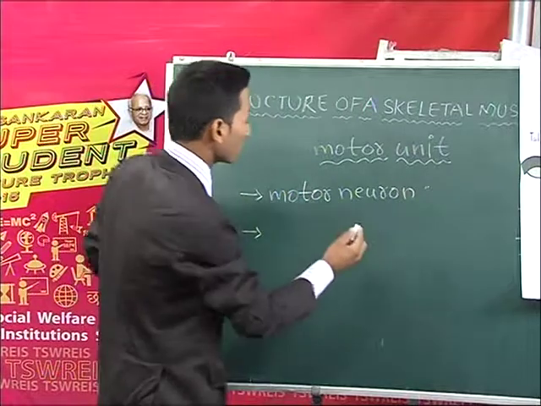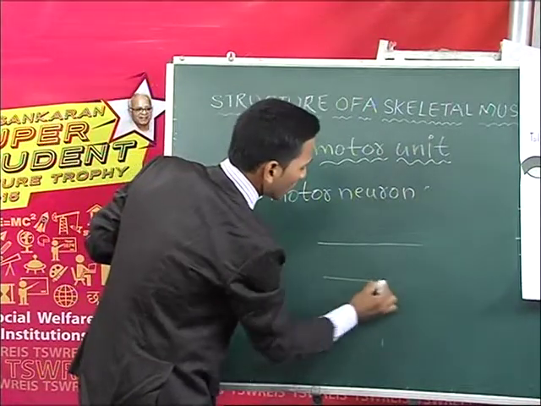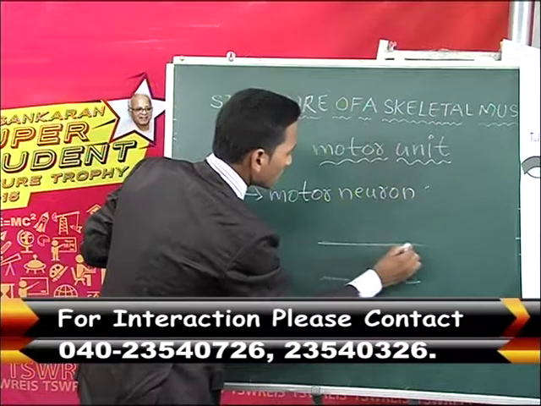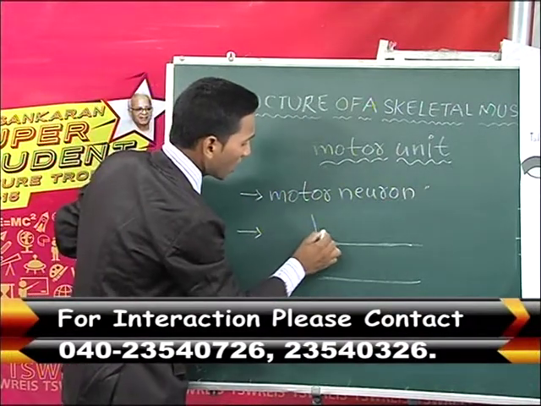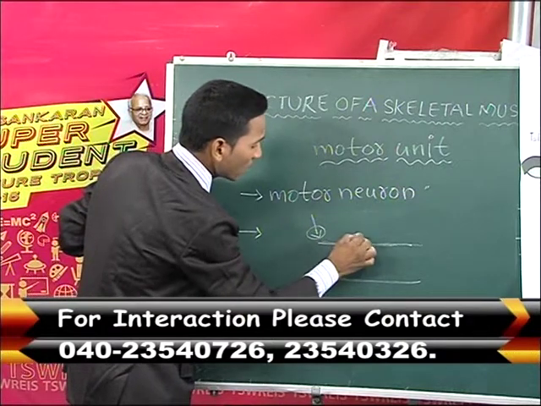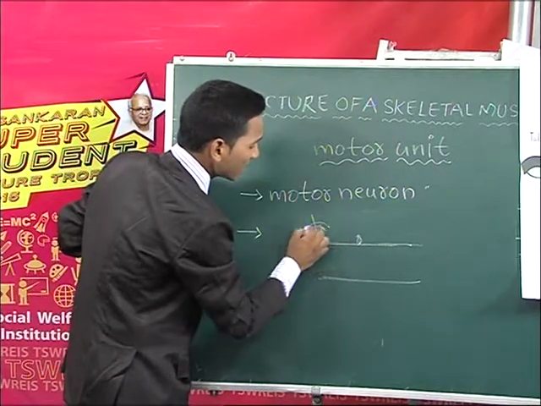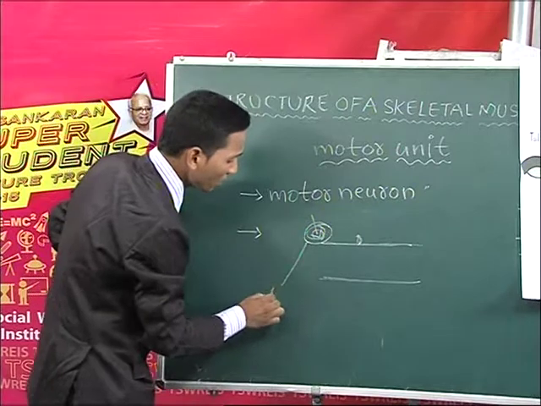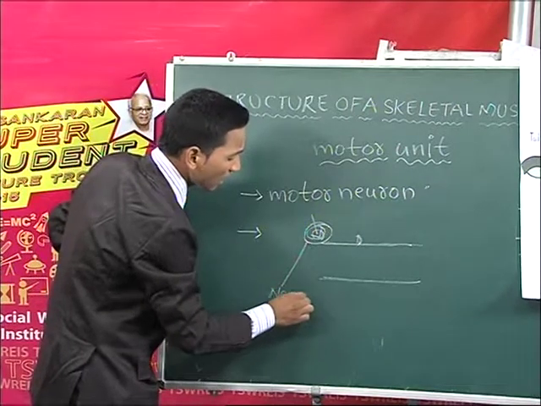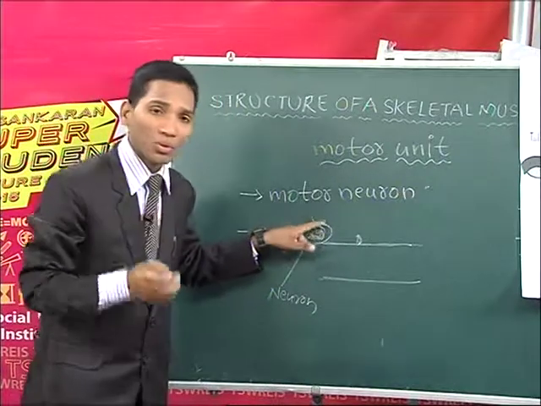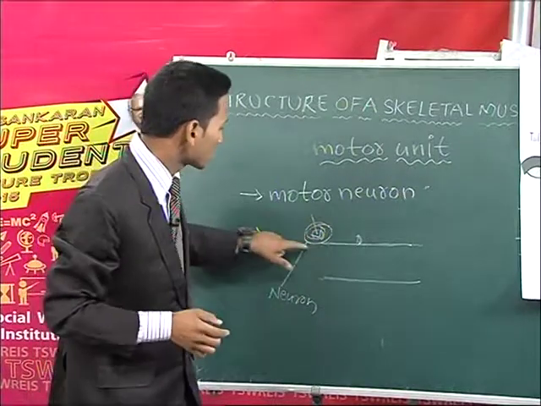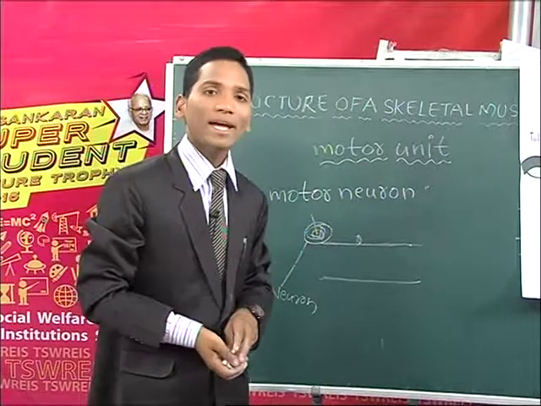I will show you. This is the sarcolemma covering the muscle fiber. The junction between the motor neuron and the sarcolemma is called the neuromuscular junction or motor end plate.